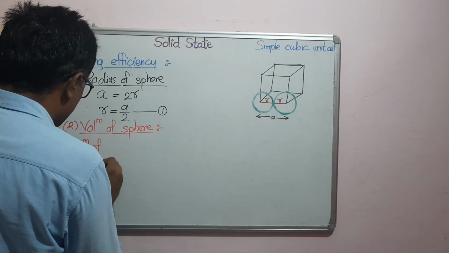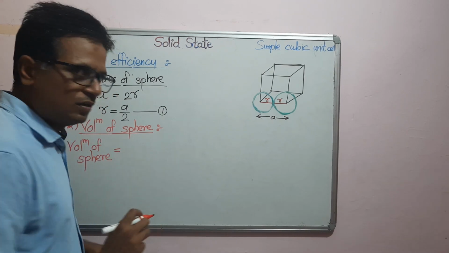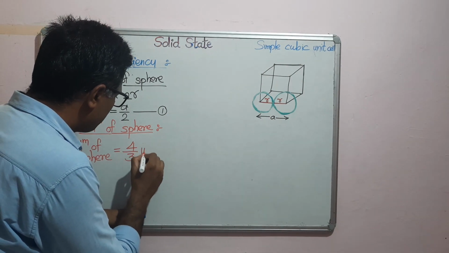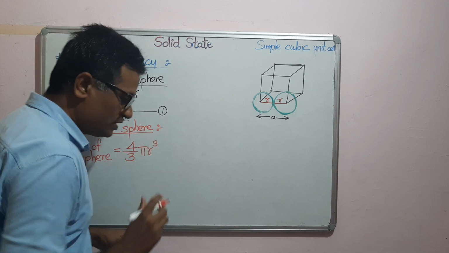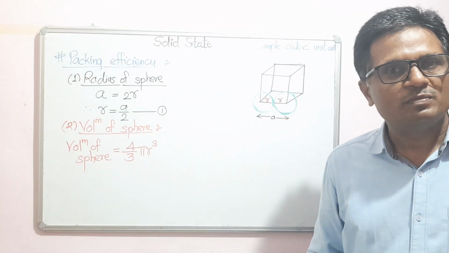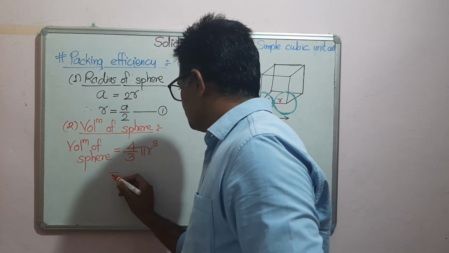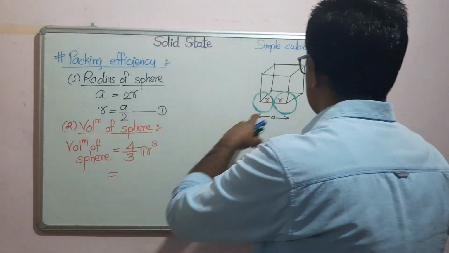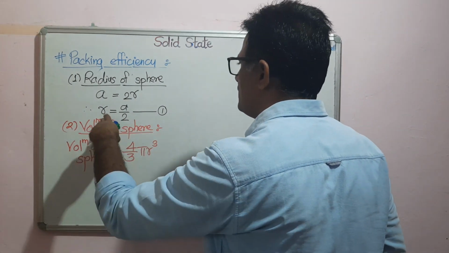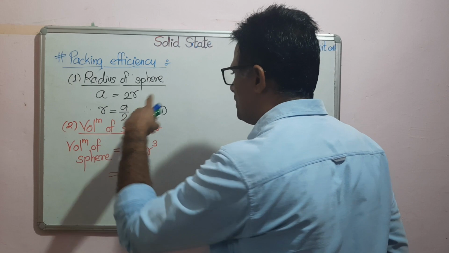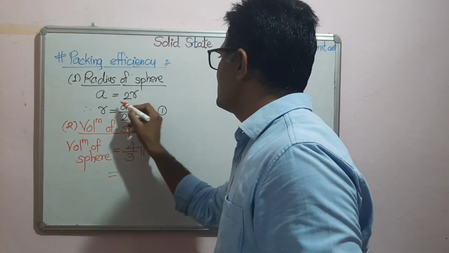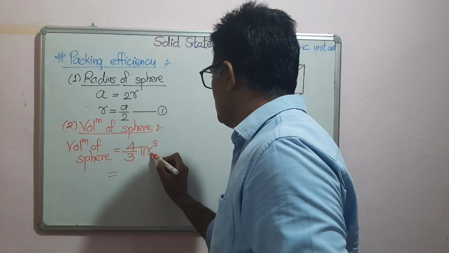What is the general formula to calculate the volume of a sphere? It is 4 by 3 pi r cube. This is a simple general formula to calculate the volume of the sphere. But here, as far as our unit cell is concerned, the radius is equal to a by 2. So put the value of this radius r in this particular equation.